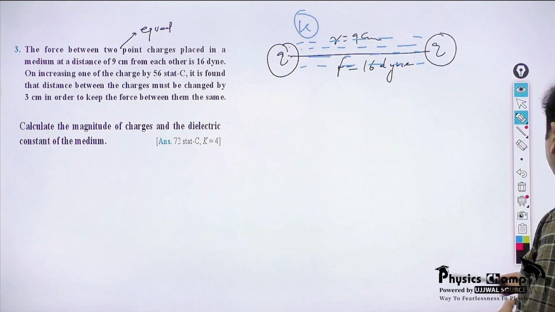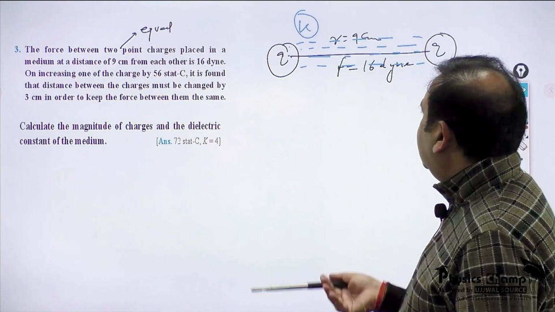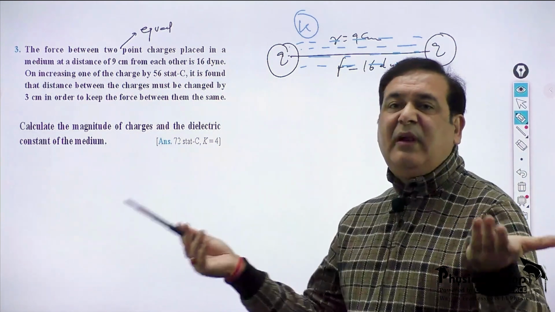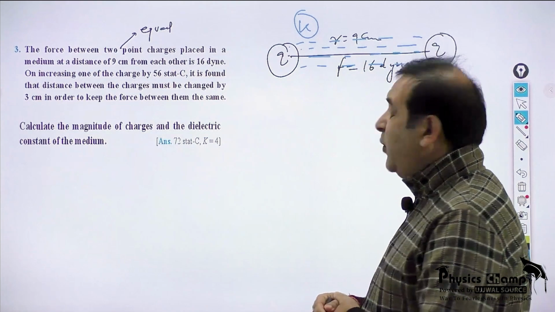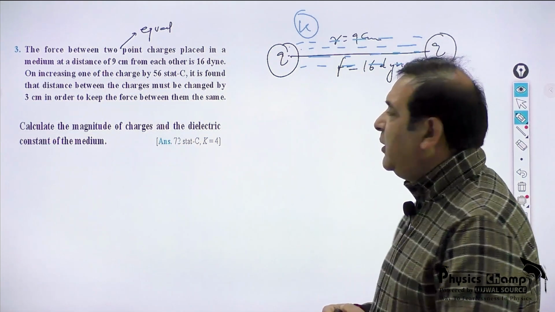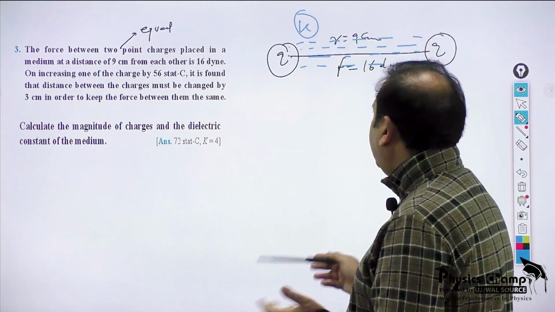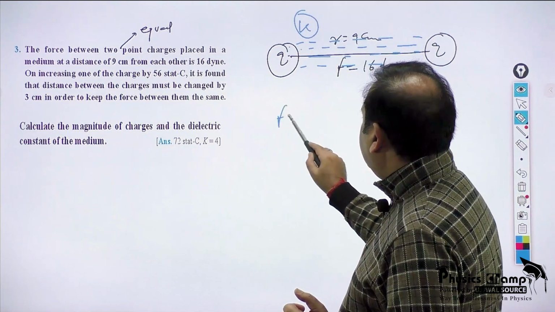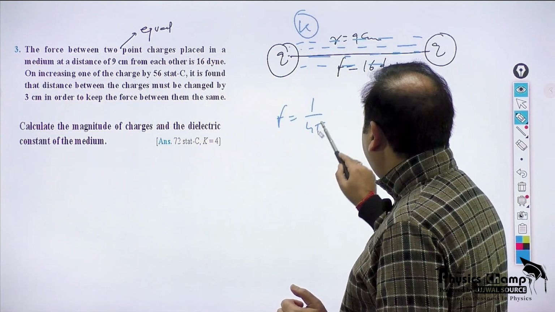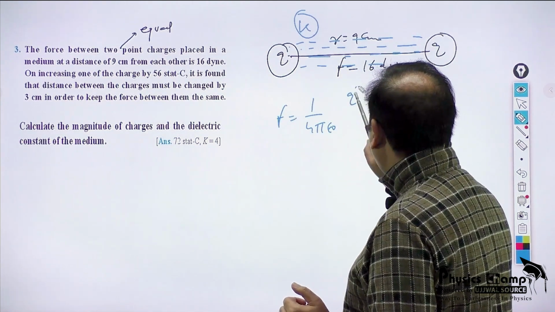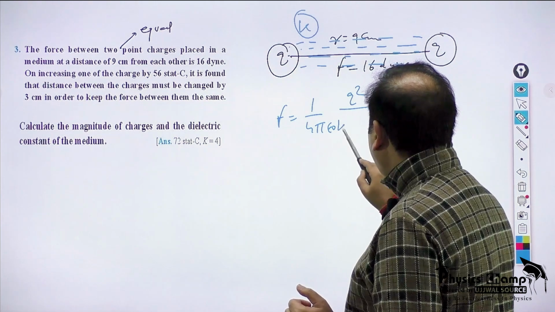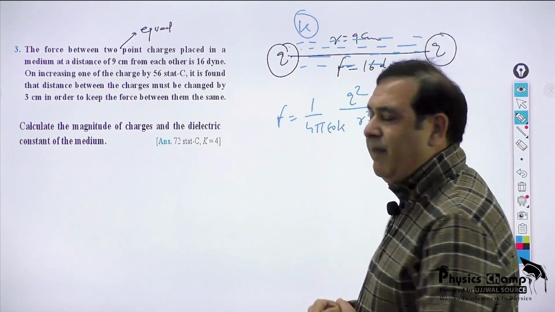So the question says that earlier the force between them is 16 dyne. From that first part mentioned in the question, I can write my equation: F is equal to 1 by 4 pi epsilon naught, Q square by K R square.